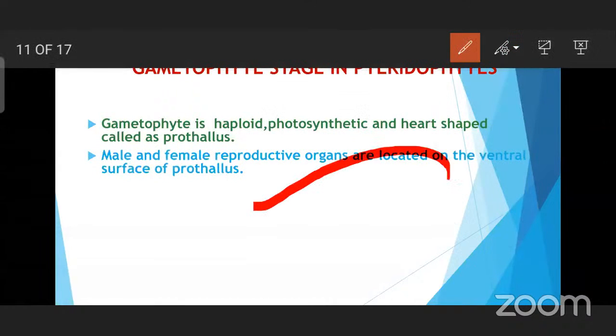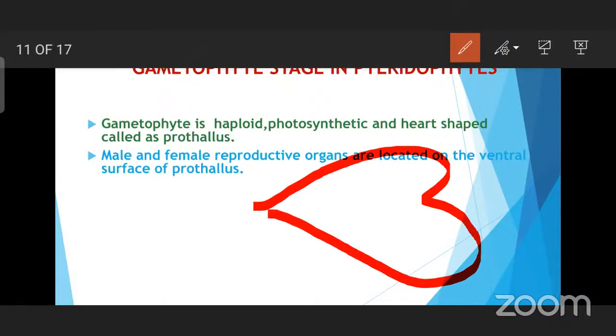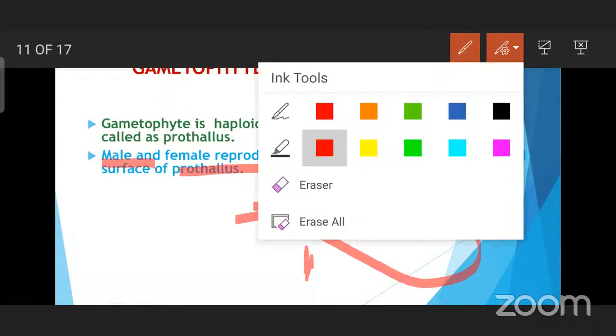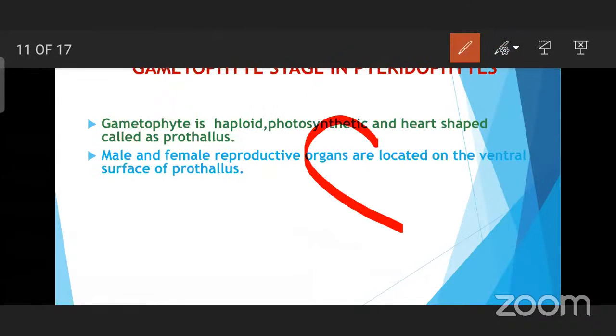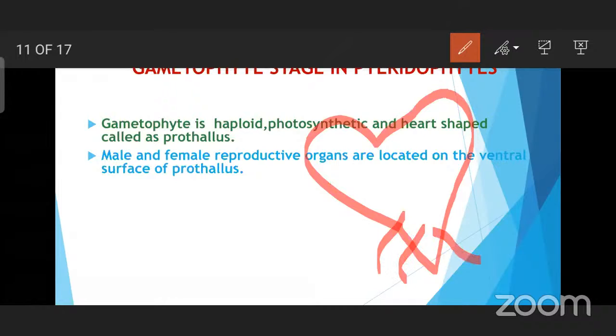For example, this is the gametophyte. This is the upper surface, and down you'll have the lower surface. On the lower surface only, the male and female reproductive structures will be present. From the ventral surface of this prothallus, you can see unicellular roots at the bottom region, and at the apical region you can see a notch.